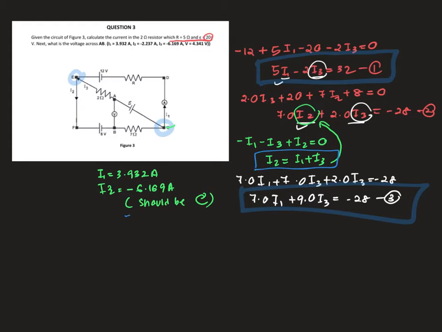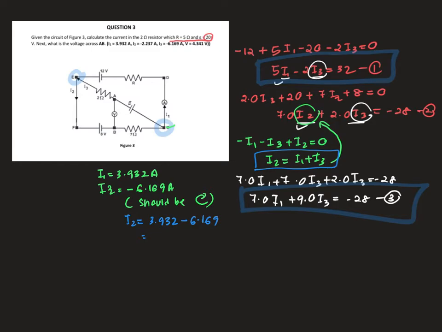Next, you need to find I2, so you can easily find it using this equation. So I2 is going to be I1, which is 3.932, minus 6.169. For this one, to find the unknown, make sure that you use the negative also, which means that you use the wrong direction first. But for example, if you need to find the potential difference and also terminal voltage, definitely you need to change to the true, correct direction first, and then you start the calculation.